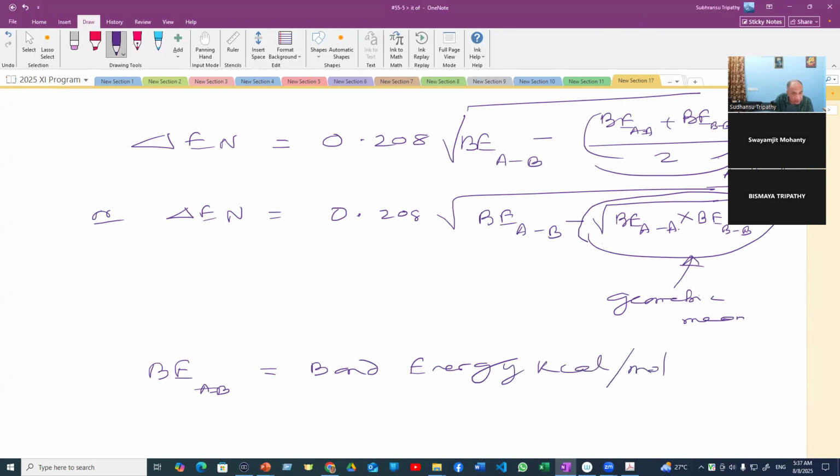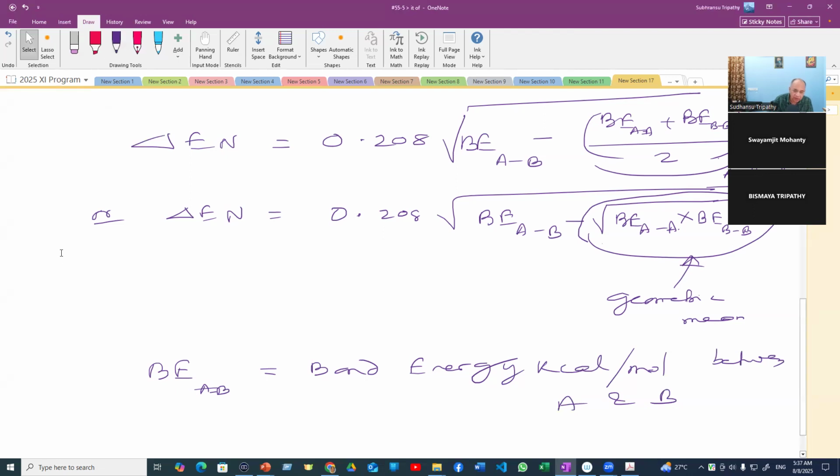Otherwise, you convert, between the two, A and B. You have to take a compound in which there is a covalent bond between A and B, and you have to break that bond and see how much energy is spent. That is called the bond energy, the amount of energy needed to break 1 mole of bonds of a particular type in the gaseous state. In the gas, that is the definition of bond energy.